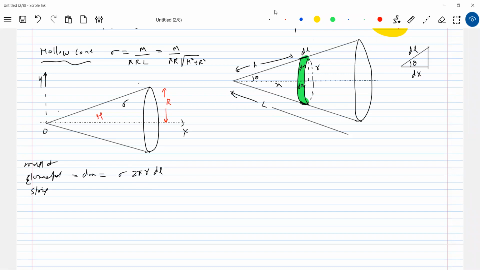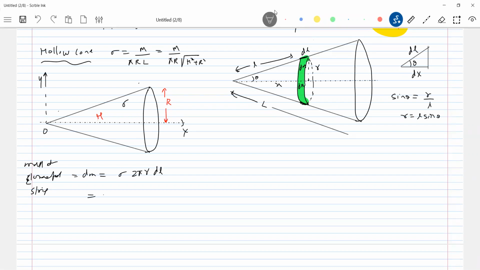So what is r? Sine theta. Let's look at the mathematics. Sine theta is equal to r by l. So r equals L sine theta. So on the other side, we have dl: sigma 2 pi L sine theta dl.